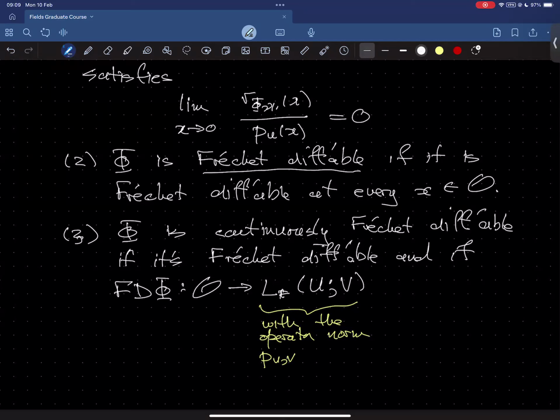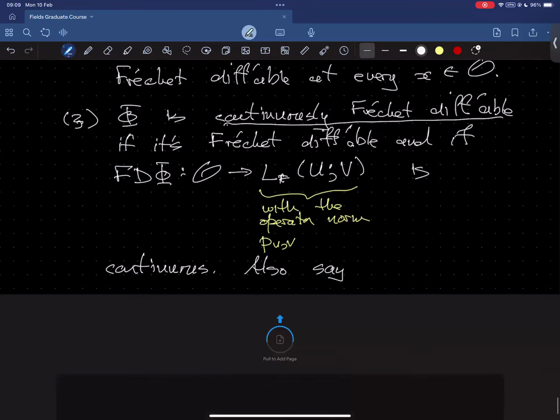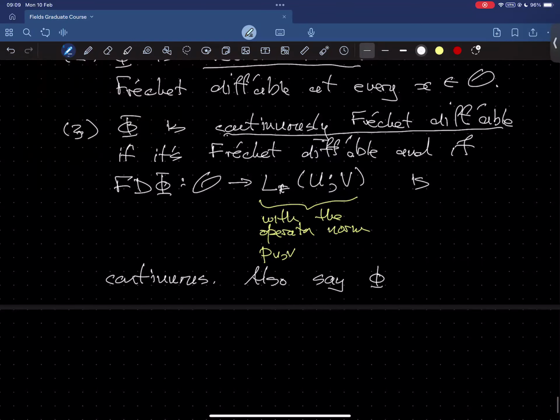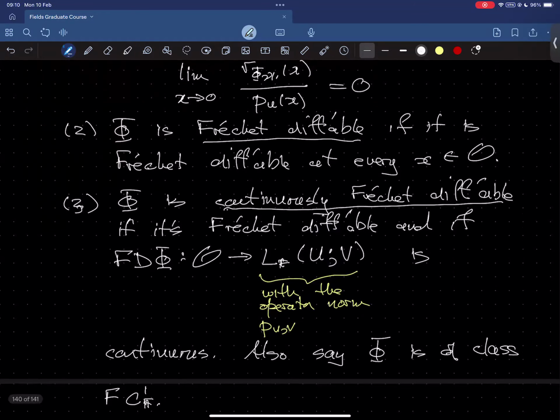If this mapping is continuous, and just to not have to write out the laborious expression continuously Frechet differentiable, we'll also say phi is class FC1, like so. Okay. All right. So these notions I've made reference to before, and I've even written them down and reasonably carefully defined them. So there's nothing new that we've done here.